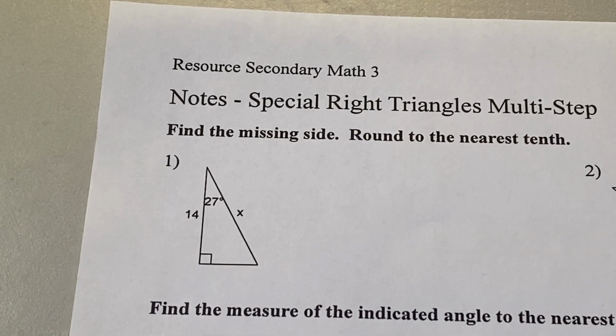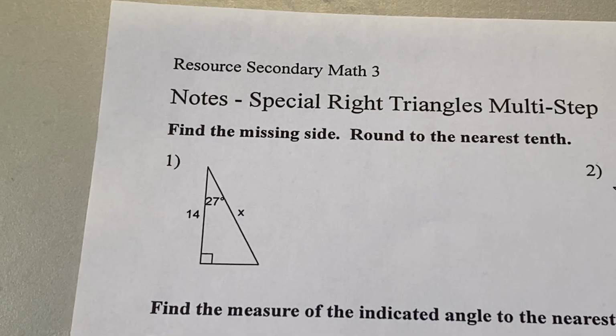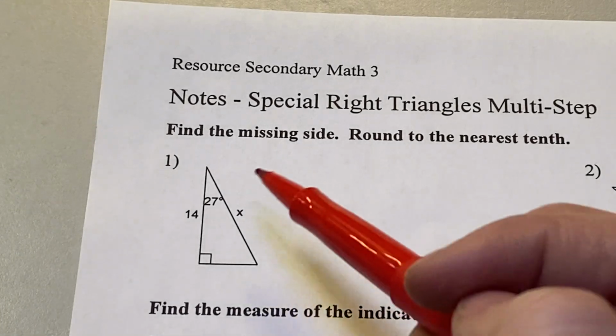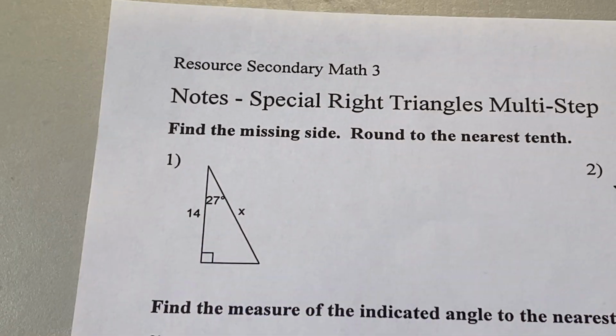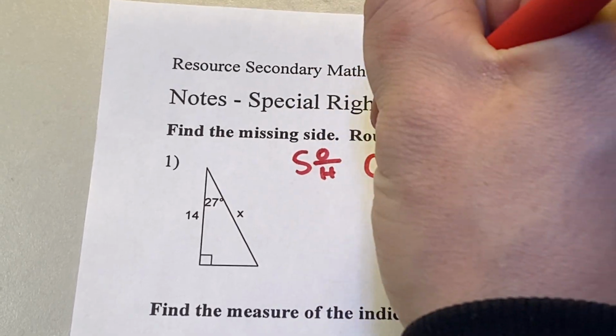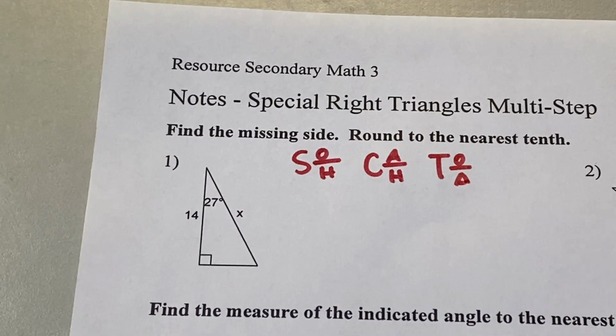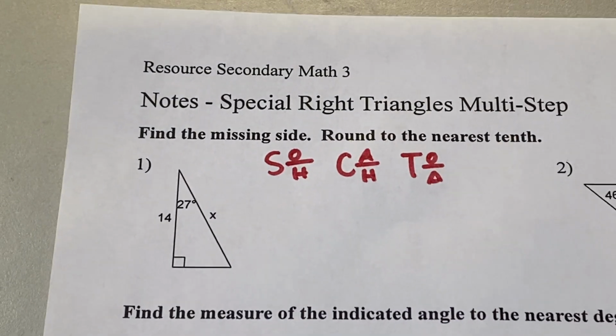Is it Pythagorean theorem, SOHCAHTOA, or special right? Special right? I don't see 60, 30, or 45. SOHCAHTOA. Nice. Because it's giving me an angle and a side. So let's write that down. I know I have to use either SOH, CAH, or TOA for this guy.